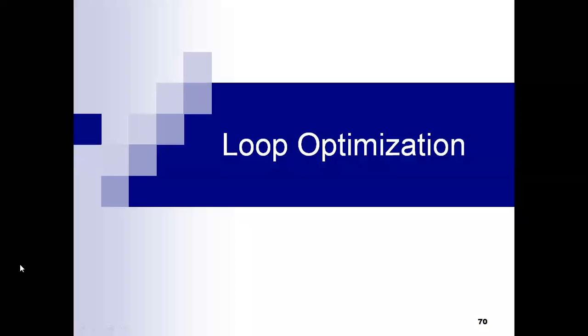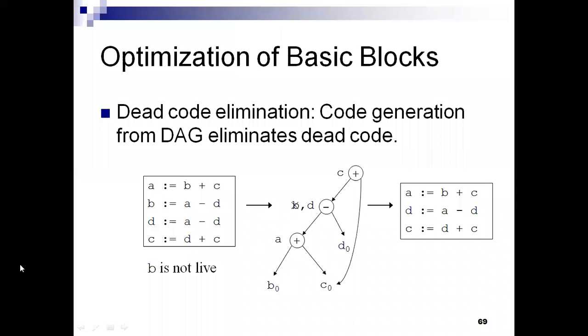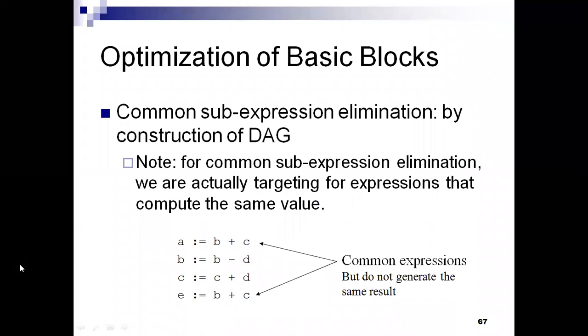So here, dead code elimination is a principal source optimization transformation, and the common subexpression is also a transformation from principal sources of optimization. Is it clear now? With this, the structure preserving transformation in optimization of basic blocks is completed.